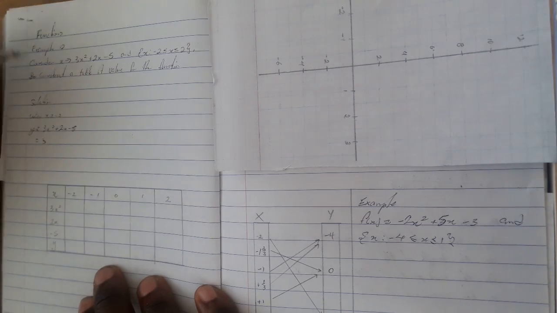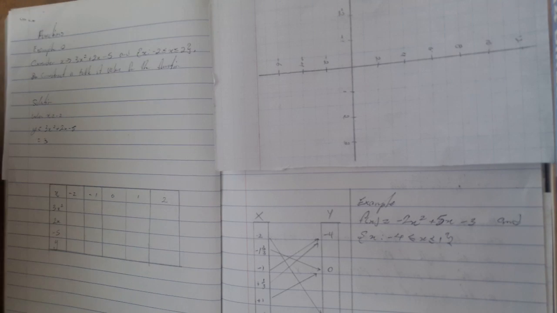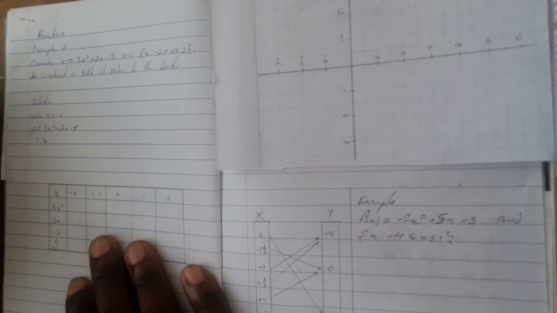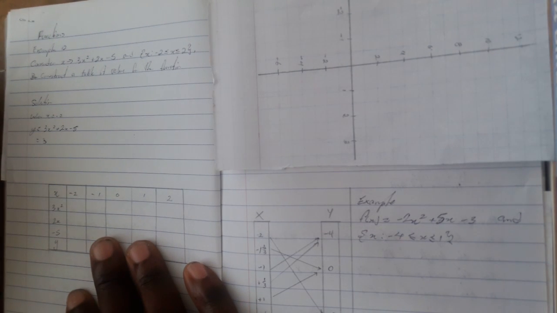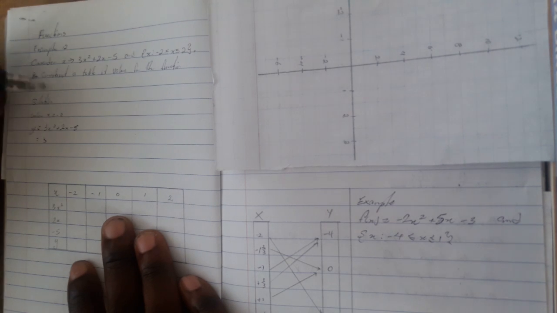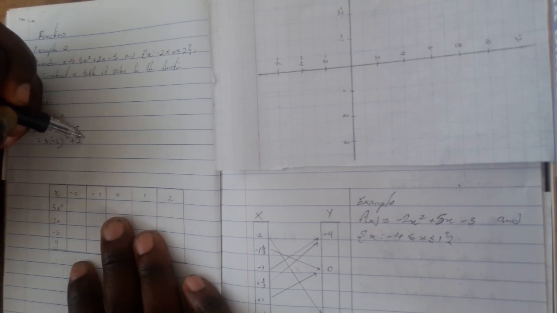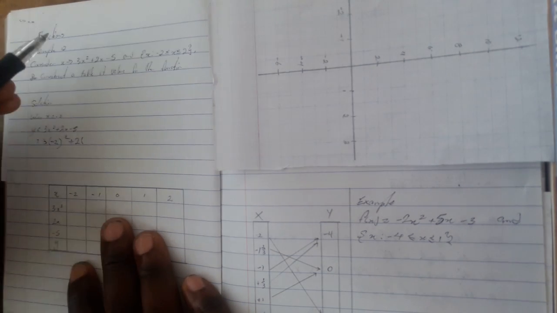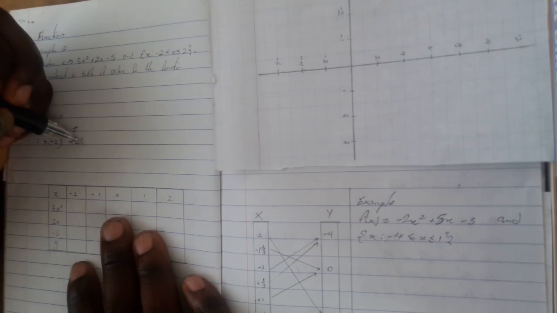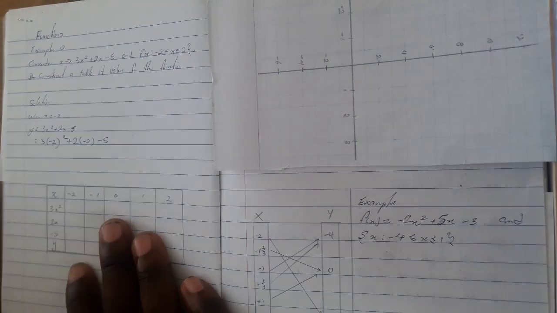So this is 3, replace x with minus 2, squared, plus 2, replace x with minus 2, because you can see there are two x's there, one and two, minus 5.